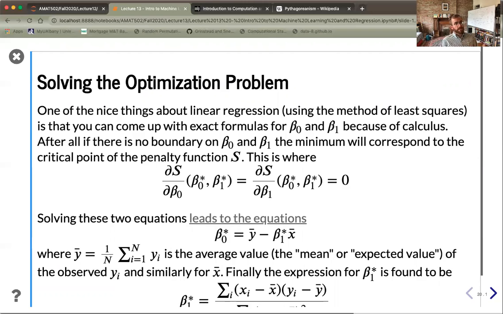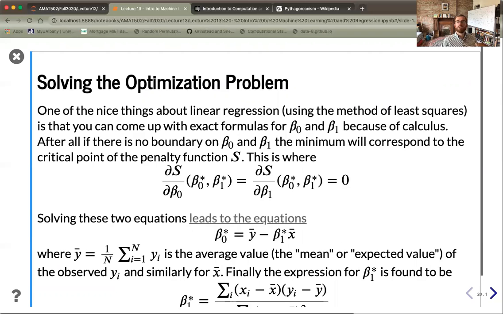So if S is this sum of squares across all my observations, this gives me a function defined on R2, where one coordinate corresponds to beta 0 and the other to beta 1. So we have those two dimensions of parameters that we can vary across.